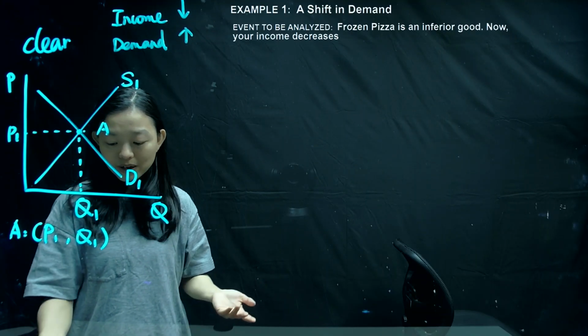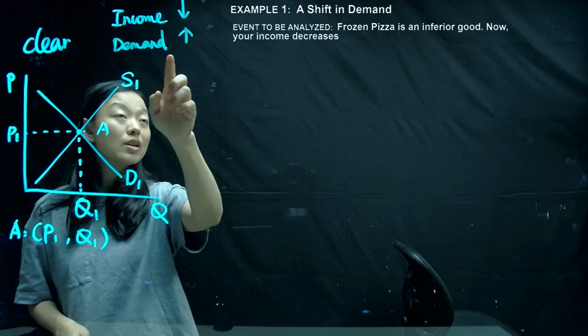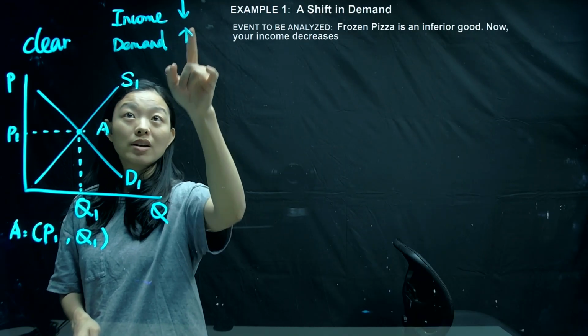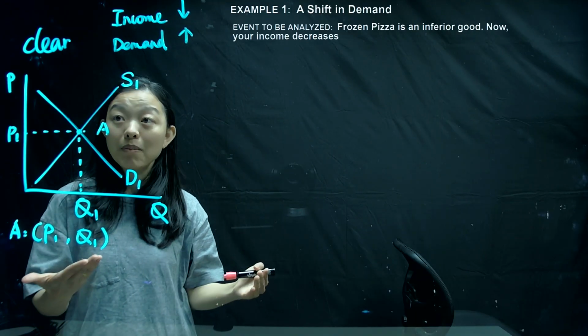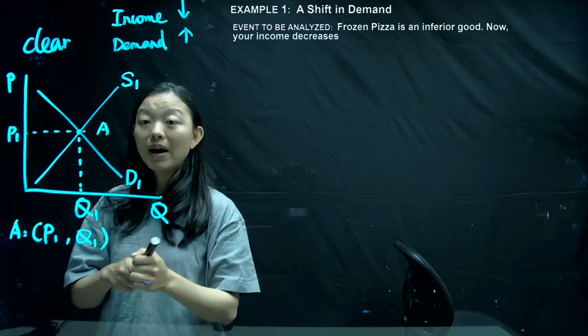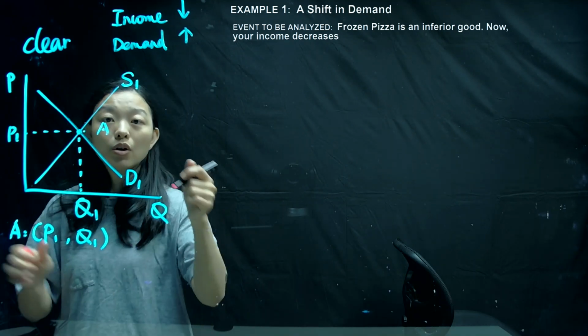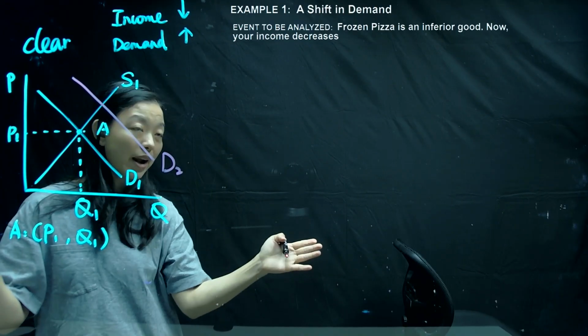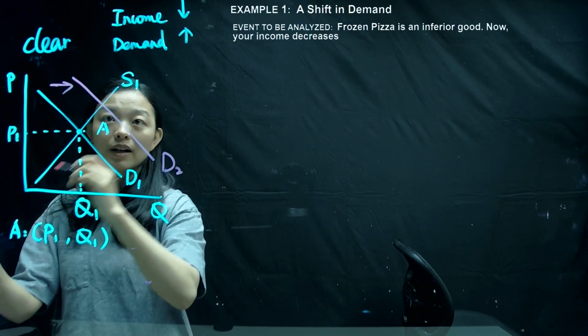Nothing, right? We didn't mention any change in pizza's price. However, because of the income decrease, demand will increase. So increased demand will shift the demand curve to which direction? We'll shift this demand curve to the right-hand side, okay?